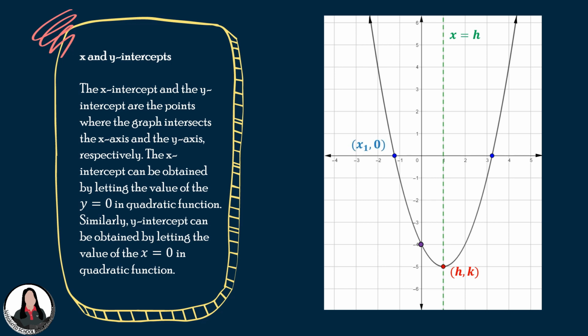Okay, so the x-intercepts are x sub 1, 0, and x sub 2, 0. So they are characterized by that format. Ngayon, the values of x sub 1 and x sub 2 can be obtained accurately by solving it algebraically. So, ano ibig ko sabihin? When we set the value of y as 0 sa ating quadratic function, we can easily get the value for our x-intercept through the quadratic equation, right?